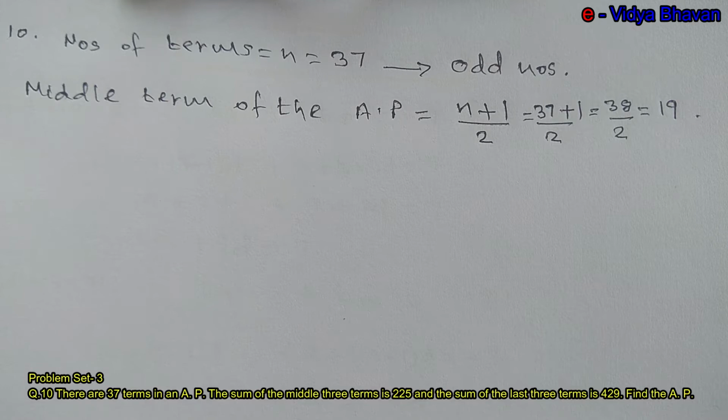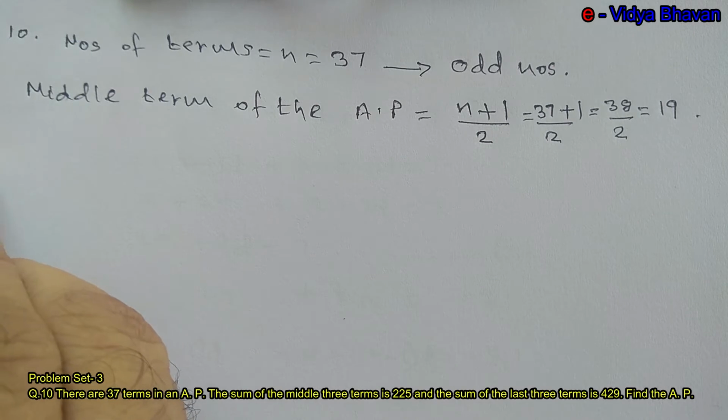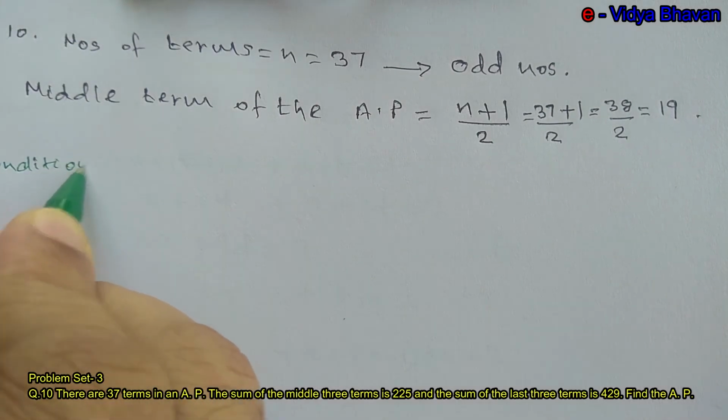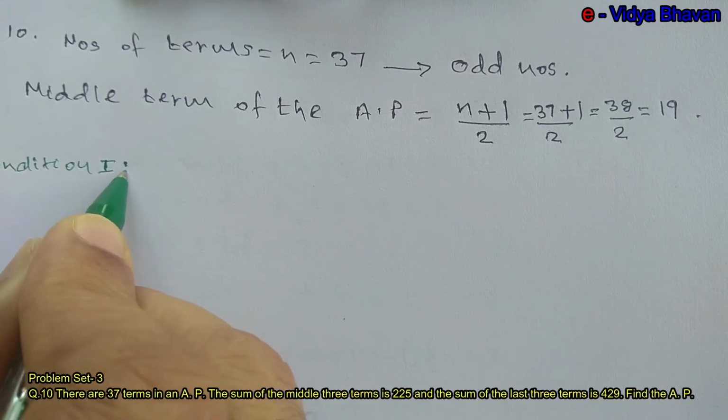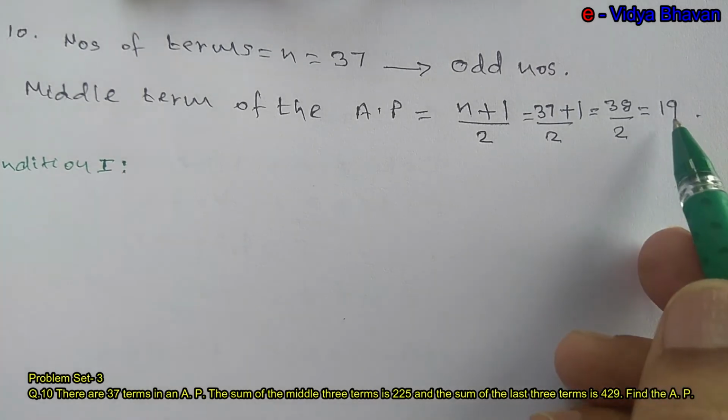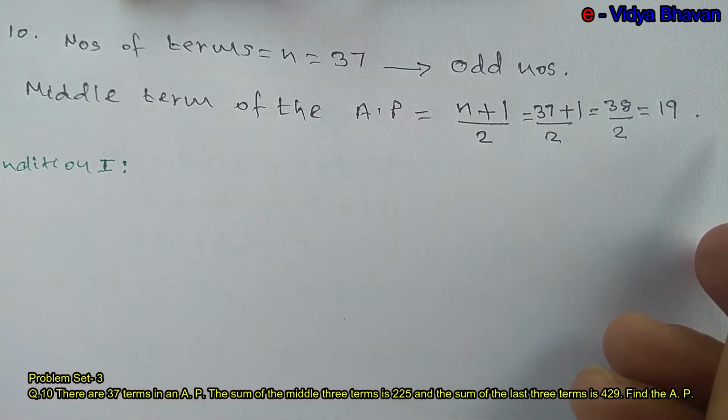Now they want the middle three terms, so we can have a condition here. Condition 1, let's work on condition 1. What does the condition say? The sum of the middle three numbers is 225. So first we will find out the middle three numbers. 19 is the middle, so one will be 18 and the other will be 20.